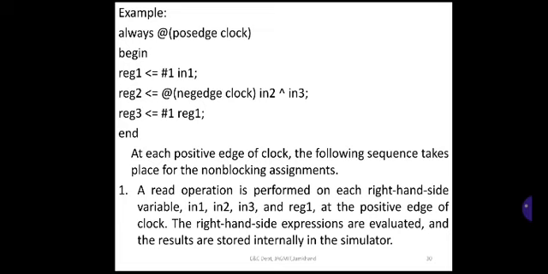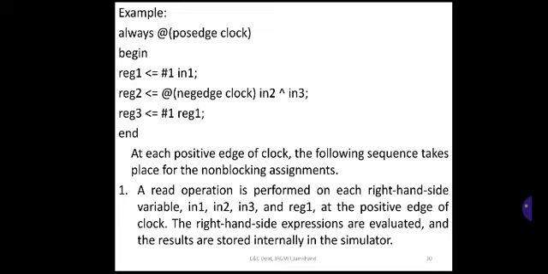So begin end groups the multiple statements. reg1, using a non-blocking assignment statement, after 1 time unit in1 is assigned to reg1. reg2 is equal to at negedge of the clock pulse, in2 XOR in3, and reg3, after 1 time unit reg1 is assigned to reg3. This is an example. Now we'll see what happens here in the non-blocking assignments. All these are non-blocking assignments.